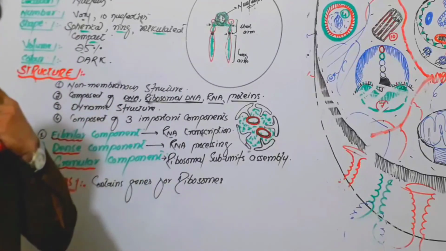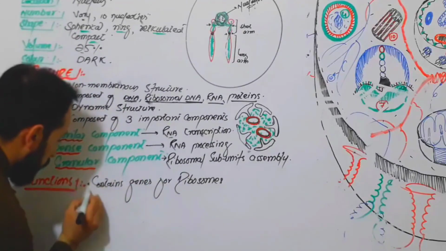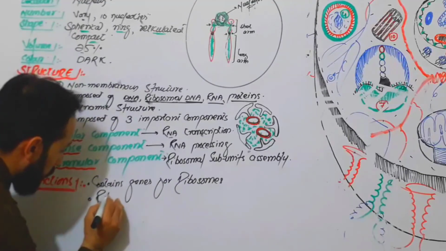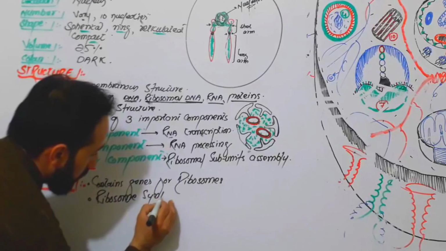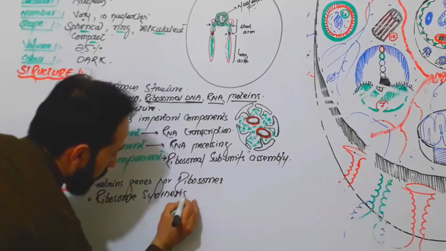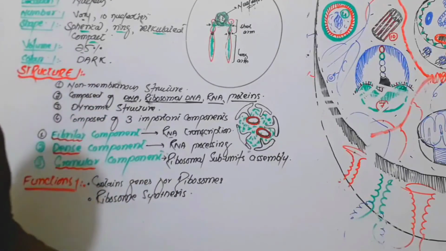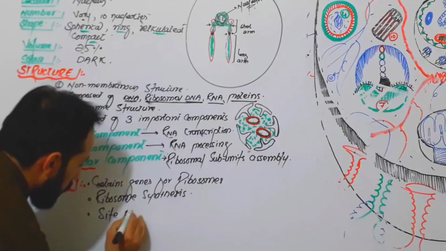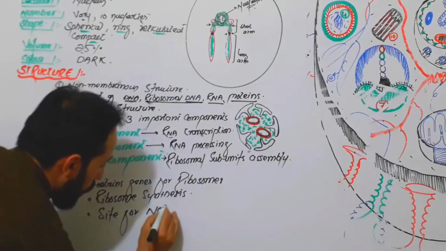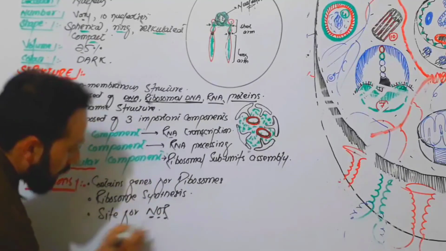Then what is the next function of it? The next function will be ribosome synthesis, right? So it synthesizes ribosome, and the next function is site for NOR, nucleolar organizer region.